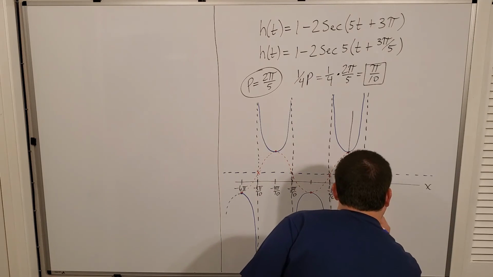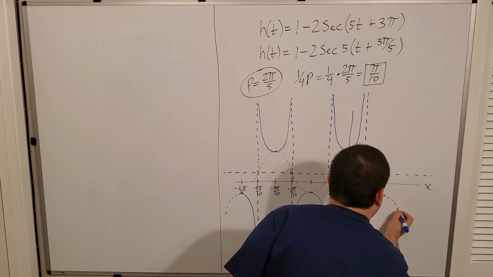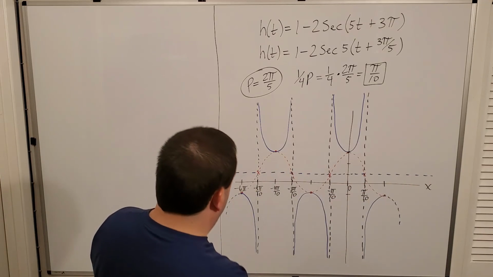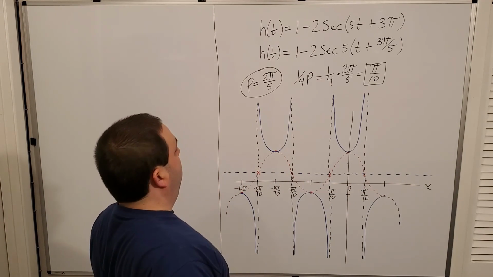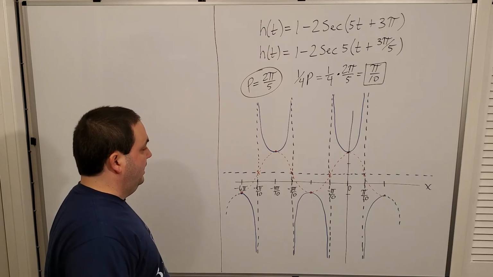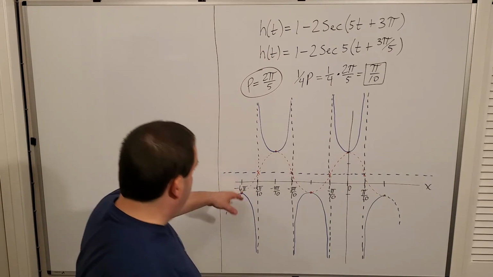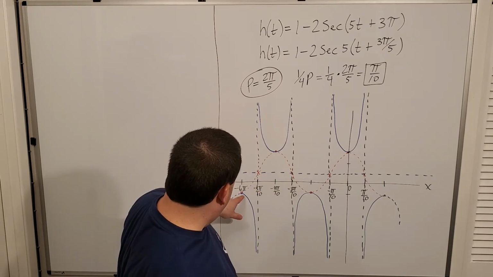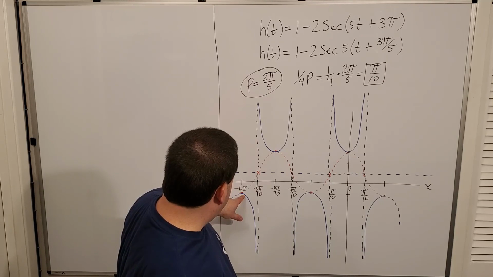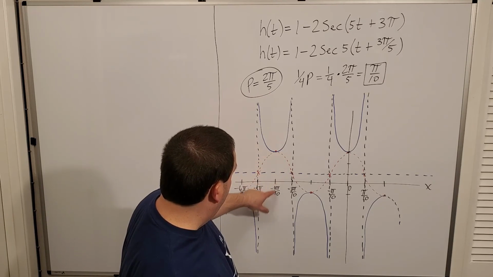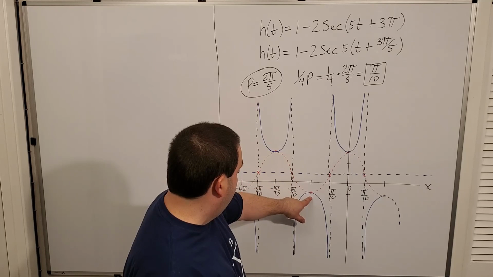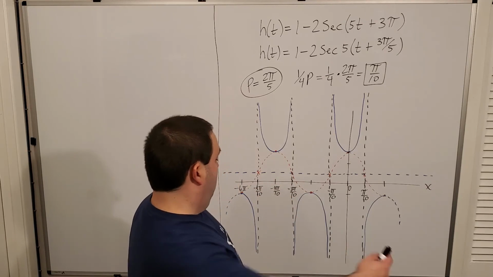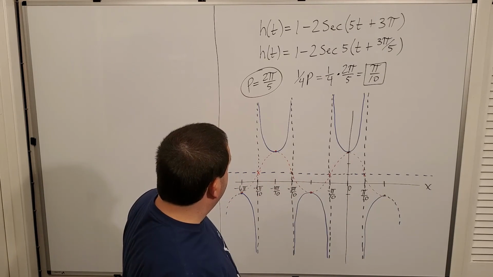And here. And of course it's going to keep going that way forever, right? Okay. So then the only thing left to do is to just recognize the important points. Notice I do have a low peak at -6π/10, a high peak at -4π/10, a low peak again at -2π/10, and so on and so on.